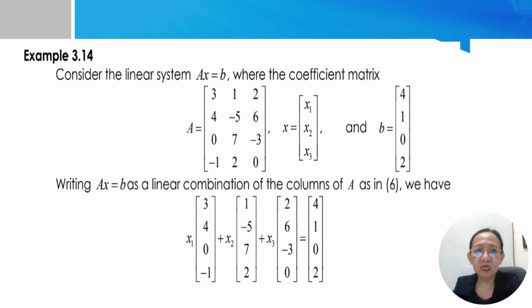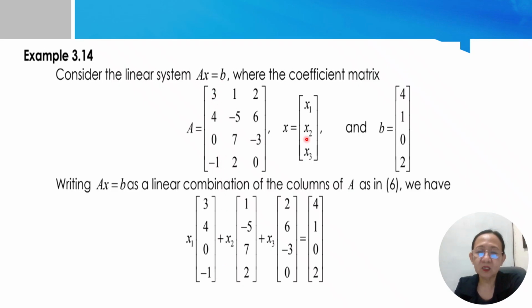Now let us take a look at our last example, 3.14. Consider the linear system AX equals B, where the coefficient matrix is represented by A. This is the coefficient matrix. We have here the variables and of course the constants. So writing AX equals B as a linear combination of the columns of A, we have x sub 1, the first variable, multiplied to the first column of our matrix A, 3, 4, 0, negative 1.